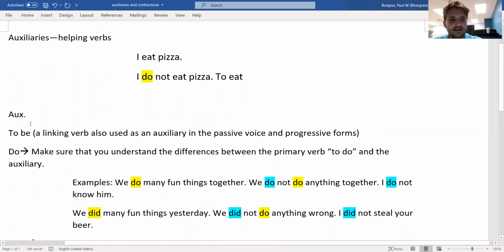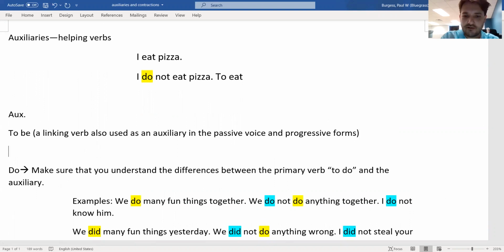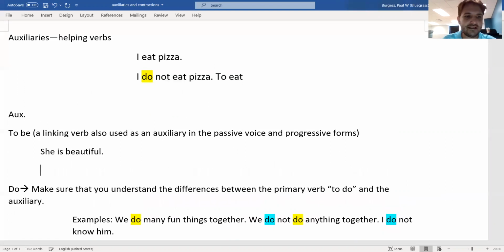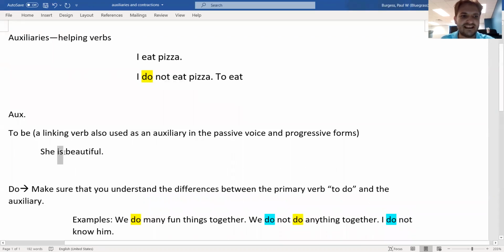So let's look quickly at a few auxiliaries. To be can be a linking verb when it's the primary verb, as in she is beautiful. In this case, it is what's called a linking verb. It's an auxiliary or helper when it's helping to form a passive voice or a progressive form.